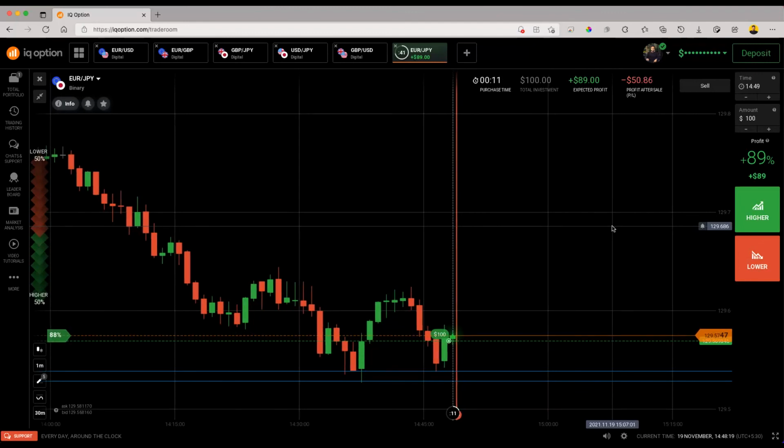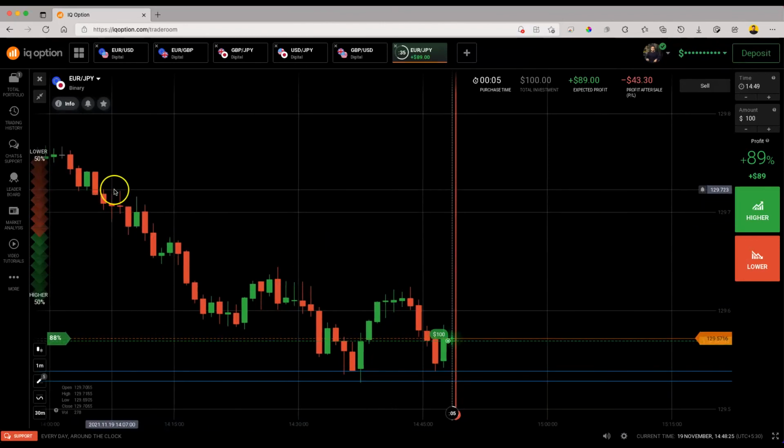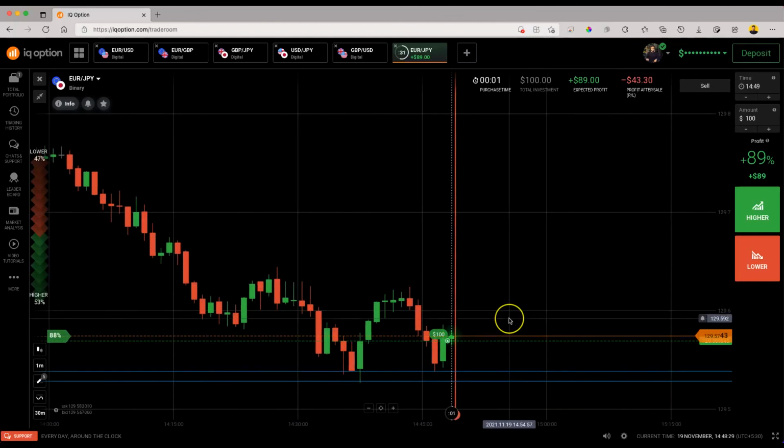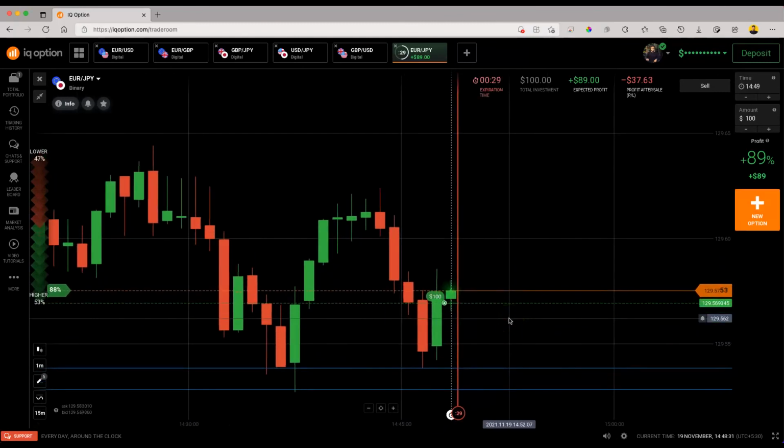This might be a little risky trade because in the past the market was not so good. Here you can see the market was not so good. So this can be a little risky one.